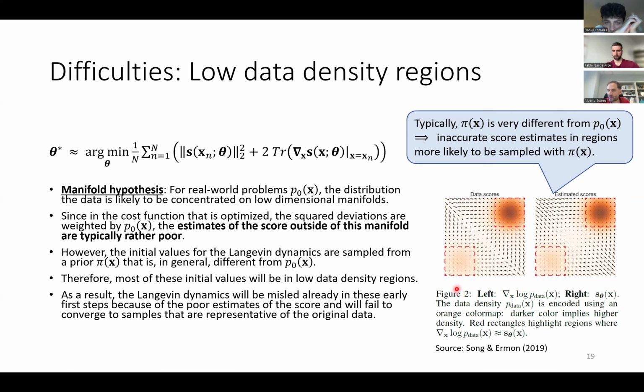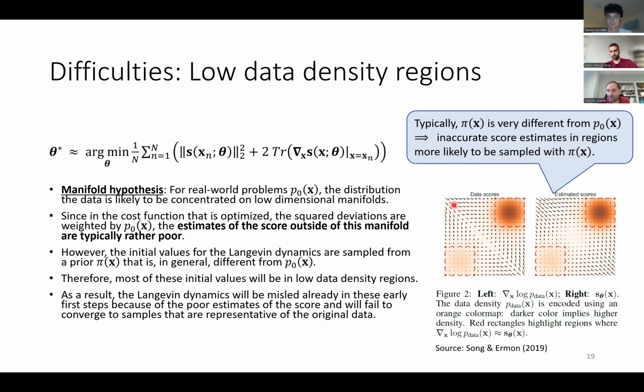Here the target distribution is shown as shade of brown orange. The darker the brown orange, the higher the value of P0. So you have two modes, one which is stronger than the other one. So I would like to have more probability here than here.